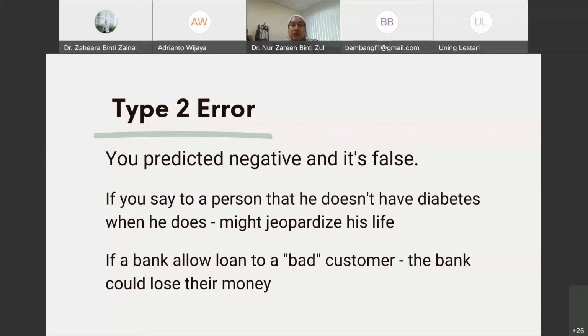Same goes for the bank scenario just now. If you wrongly label a good customer as a bad customer in terms of giving out loans, it is still not that harmful. Maybe it would affect your image a bit, but still the customer can apply a few more times and the damage can still be solved.